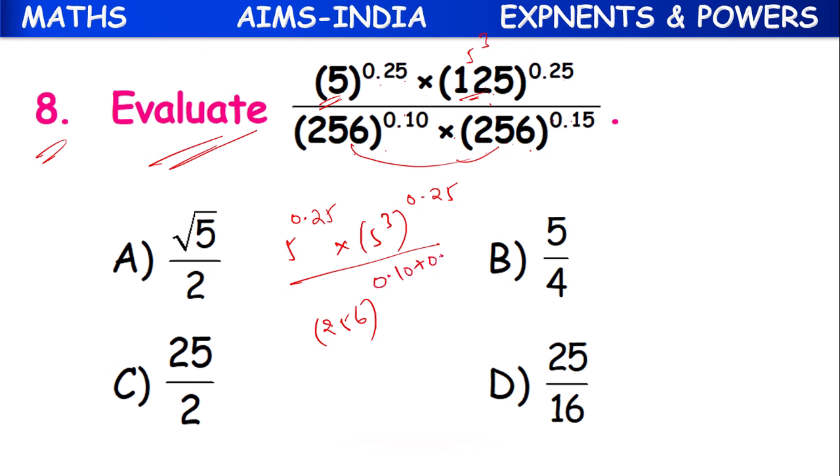0.10 plus 0.15, we can add them. Here 3 into 0.25 is 0.75.